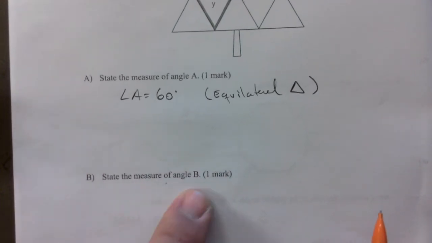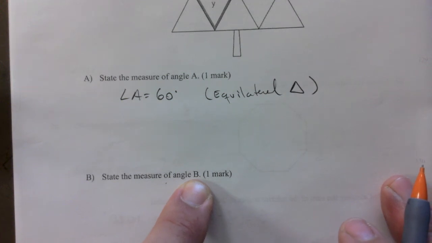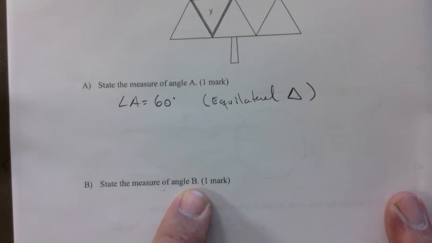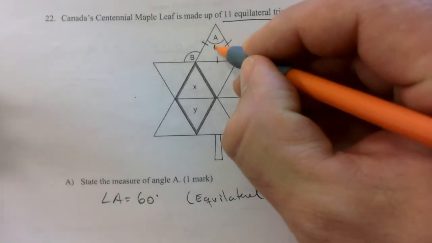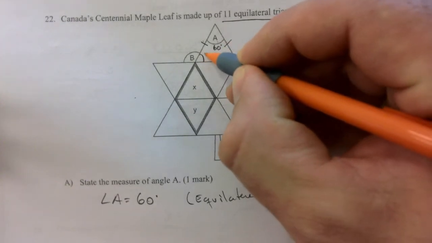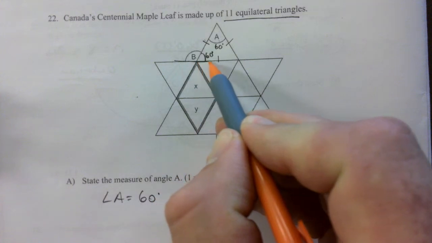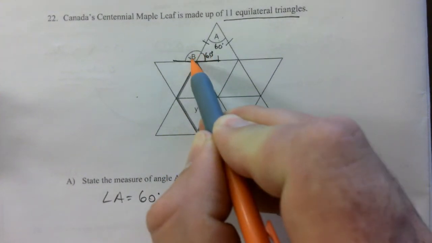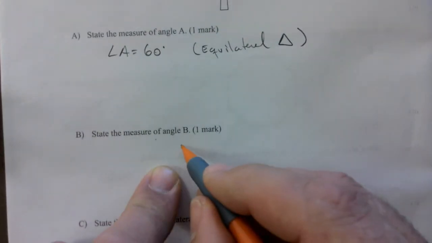B, state the measure of angle B. So watch out here. I'm going to go a little up and show you how I got that. If this is 60, then this is 60 also here. Okay? So they're along a straight line. So they're supplementary. So angle B is 180 because that's the whole line minus 60.